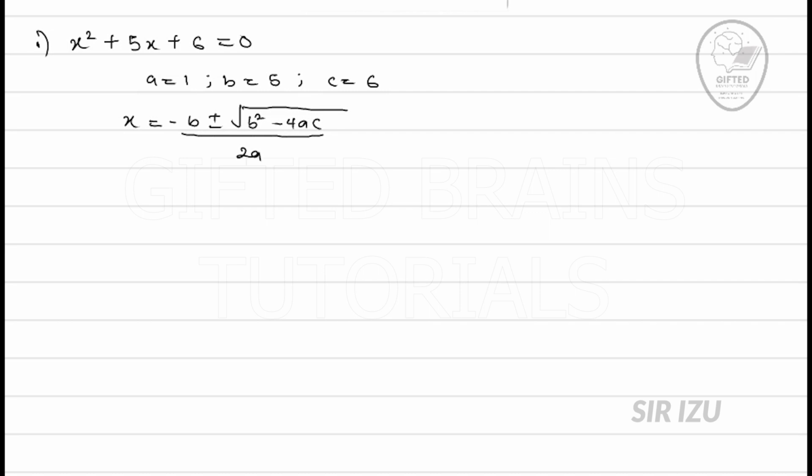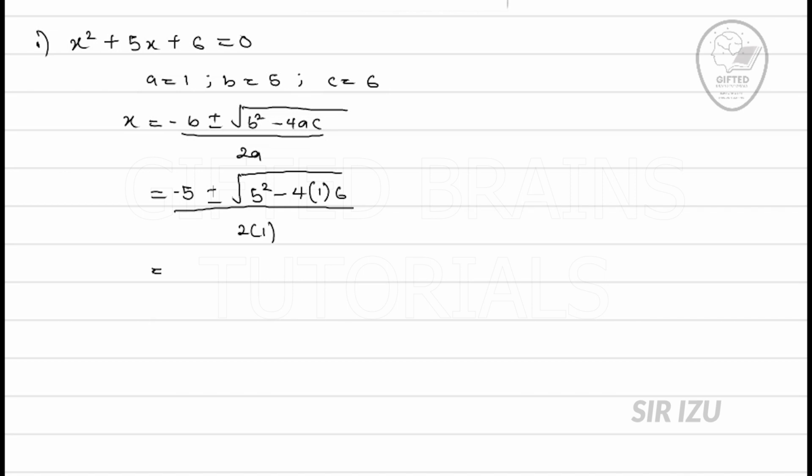And then we can put in our values of a, b, and c. Our b is 5, so we write minus 5, plus or minus the square root of 5 squared minus 4 multiplied by a, which is 1, multiplied by c, which is 6, everything all over 2a, that is 2 into 1.